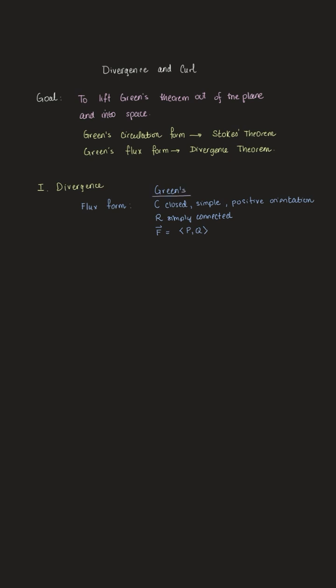So the flux form of Green's theorem said the following. The line integral over our curve of the vector field dot the normal is equal to the double integral over the enclosed region of the following quantity: partial of P with respect to x, plus partial of Q with respect to y, and we integrate that over the area of our region.